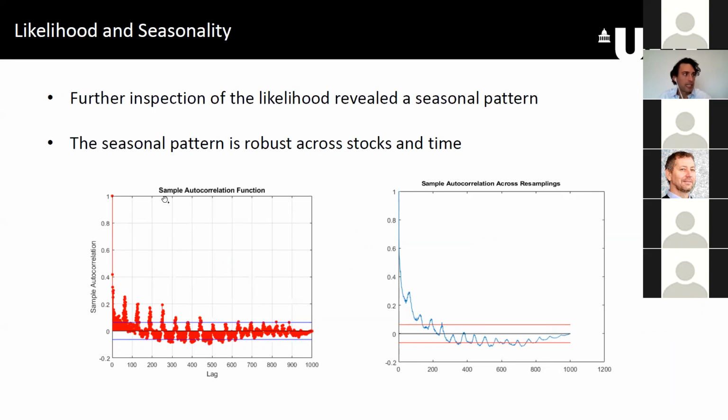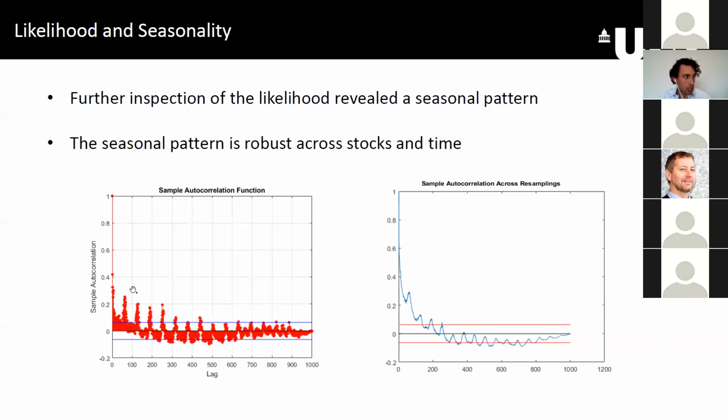Here, what you see is the autocorrelation function of the univariate series of the likelihood. This result is something that we are looking at with quite a lot of curiosity, because as you can see, there seems to be a significant and clear seasonal pattern in the autocorrelation of the likelihood.